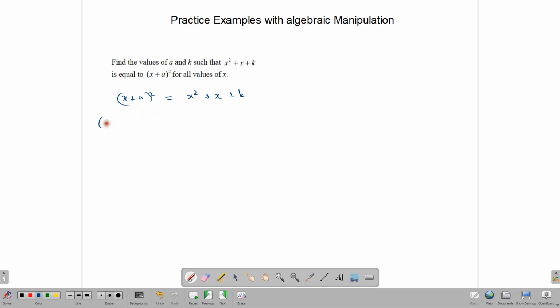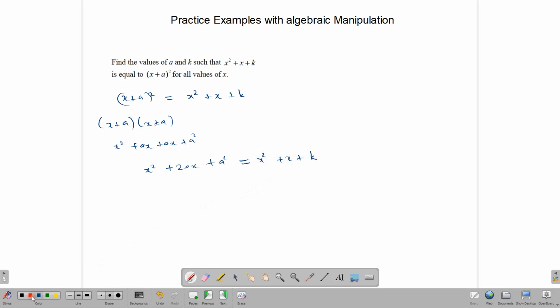So let's expand it. x plus a times x plus a gives us x squared plus ax plus a squared, which simplifies down to give x squared plus 2ax plus a squared, and this is identical to x squared plus x plus k.